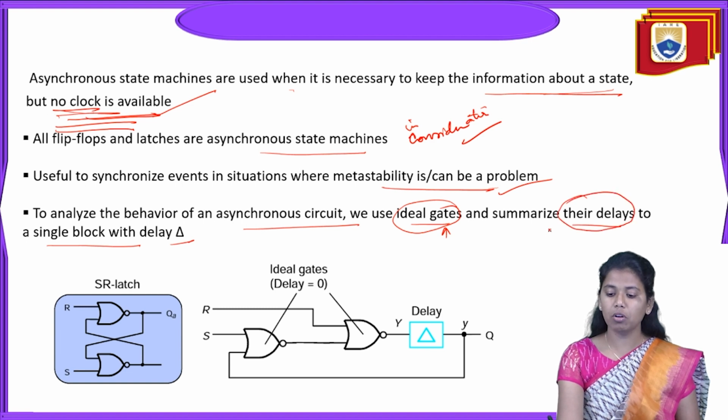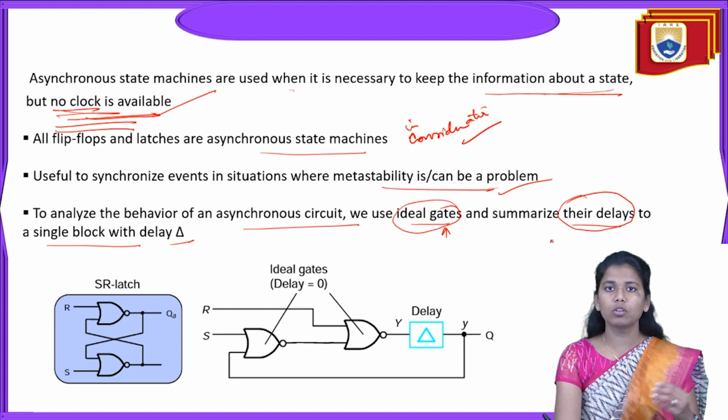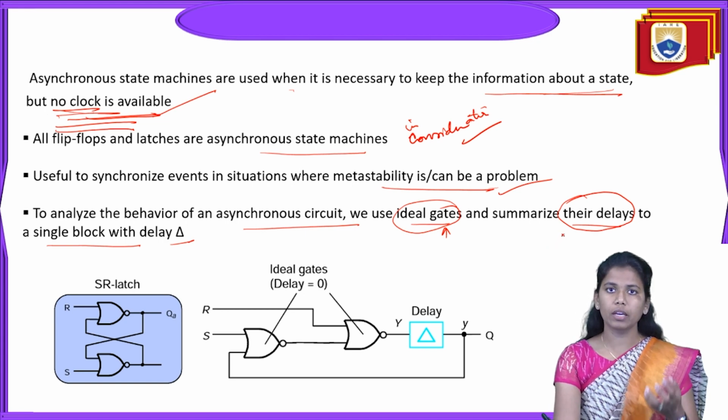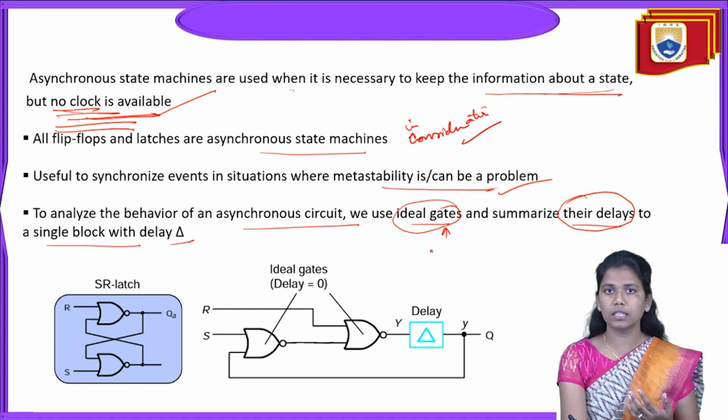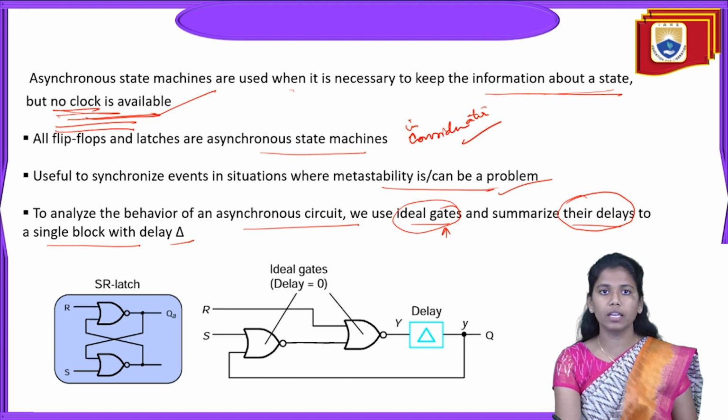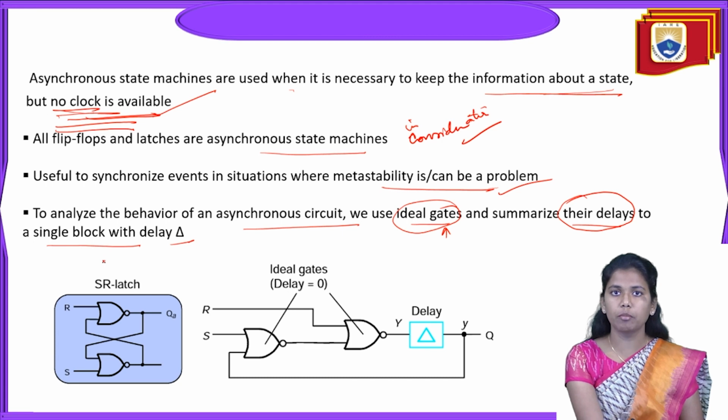That means we concentrate on the delays, that is, with what delay the input is taken to get the output. So we consider ideal gates, followed by the summarization of the delays into a single block with delay delta. This is how we present the delays.